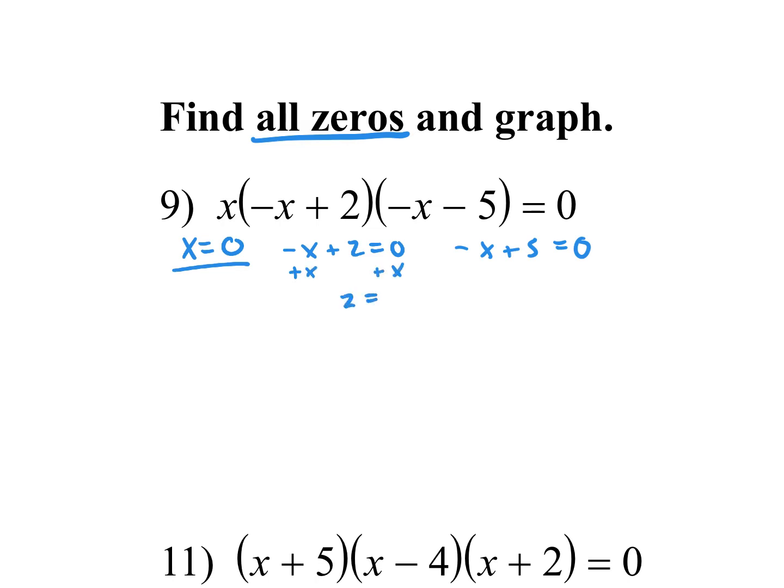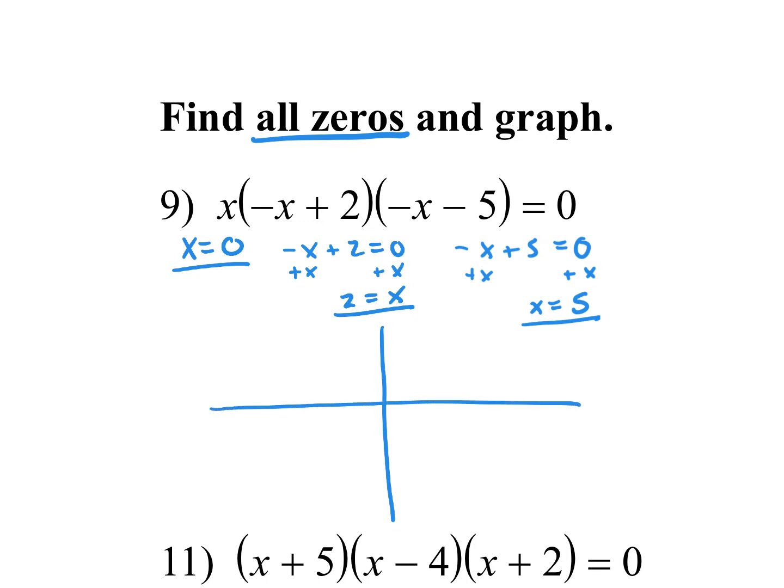So I get 2 is equal to x. How do I solve the third one? Add x again. So what does x equal? 5. So I have x is equal to 0, x is equal to 2, and x is equal to 5. So I need to put those on my graph. So a point at 0, a point at 2, and a point at 5.